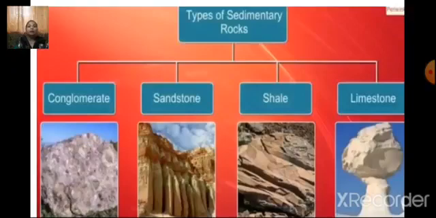So there are four types of sedimentary rocks: conglomerate, sandstone, shale and limestone. We will discuss how these rocks are formed.